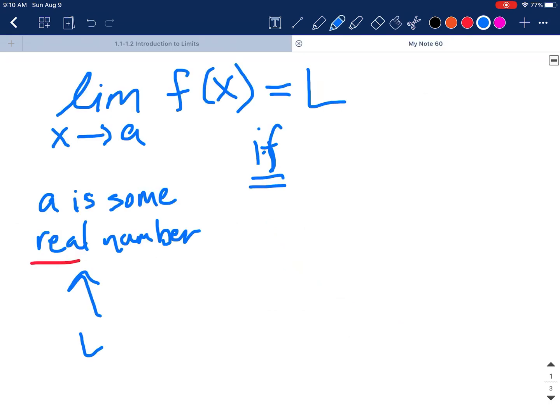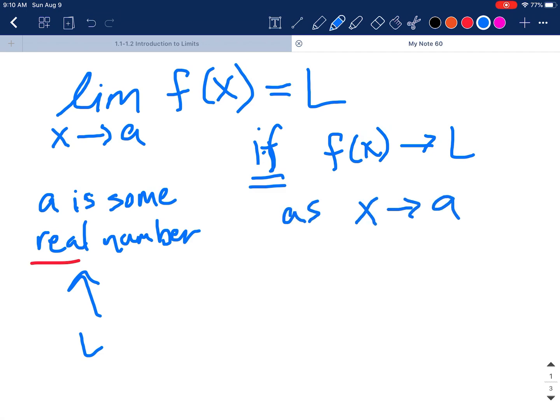Okay, so again, if f of x approaches L as x approaches a. One way to think about this, so we had that example of that function.